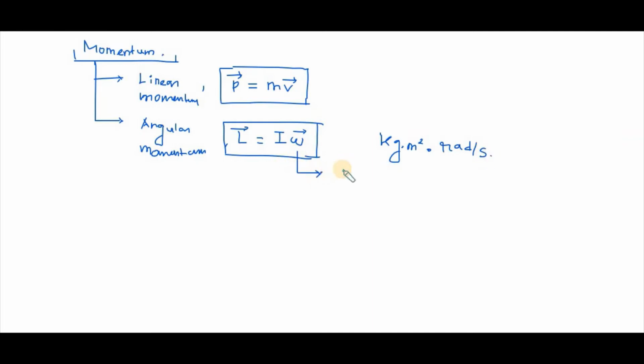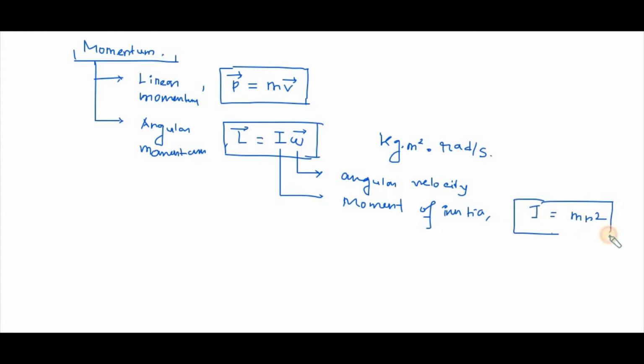Omega stands for angular velocity, and I stands for moment of inertia, which can be represented as the mass of the object times the distance square from the axis of rotation. So that's representing the angular momentum. However, we are going to discuss angular momentum in detail in our rotational mechanics part.